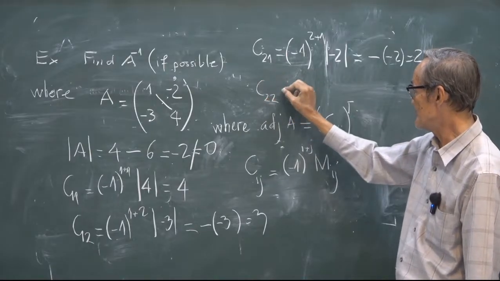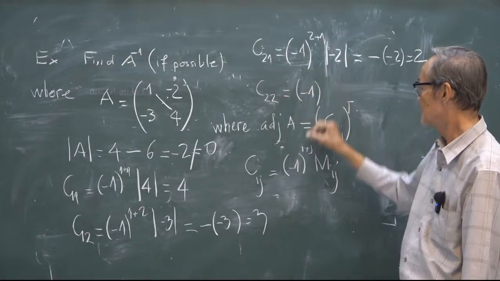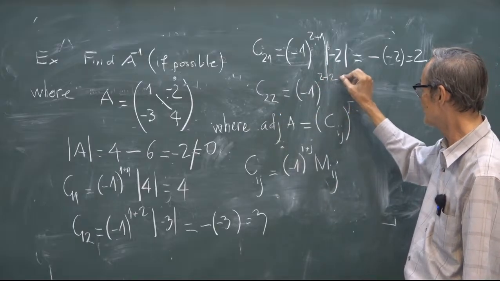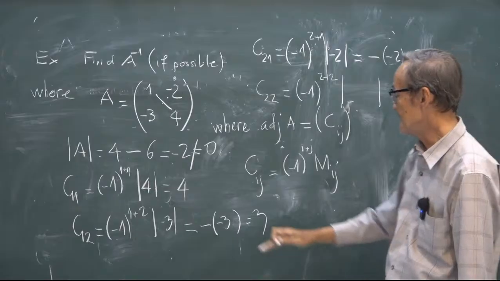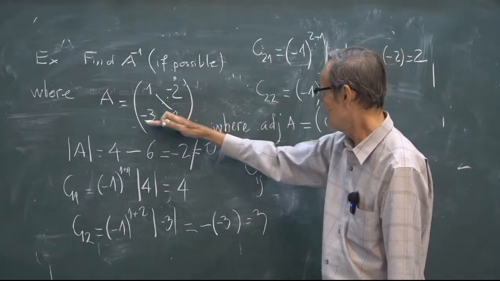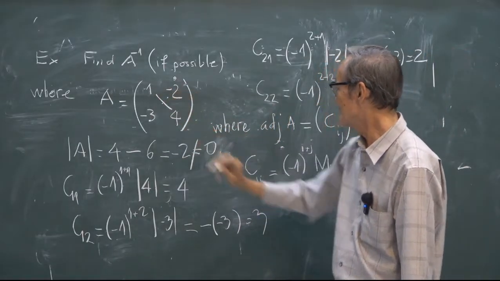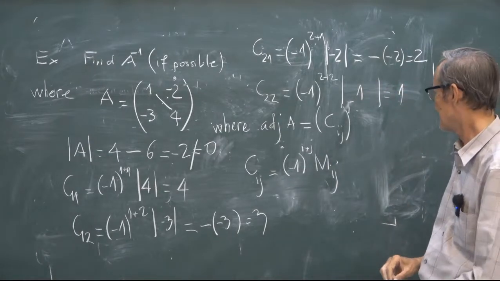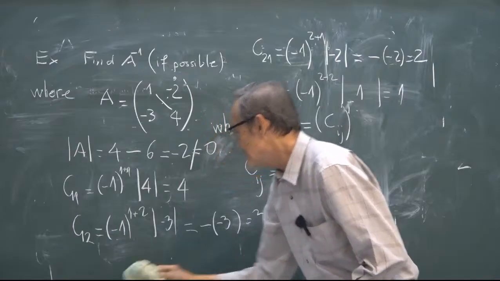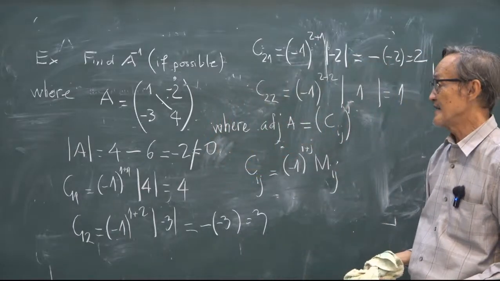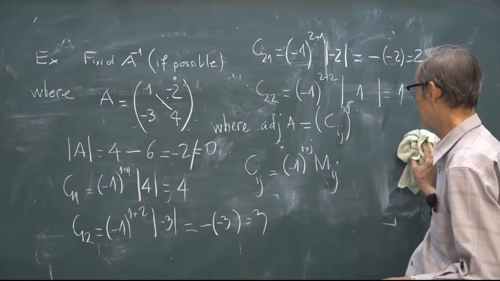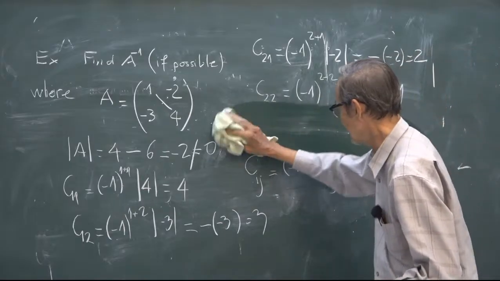And C22: minus sign to the power 2 plus 2. Delete row 2, column 2, we have 1, equals 1. So A has 4 cofactors.